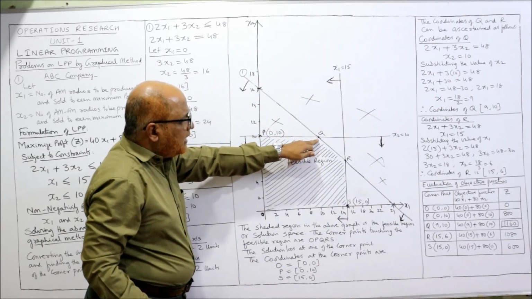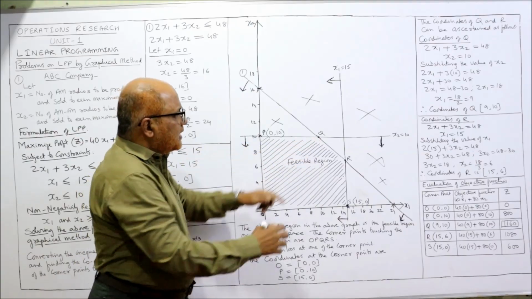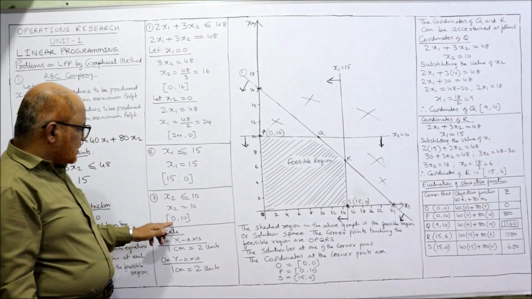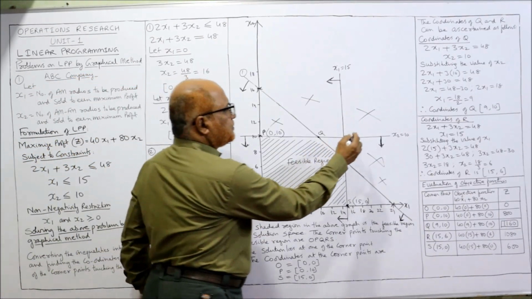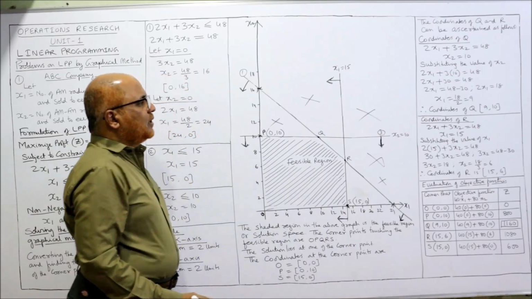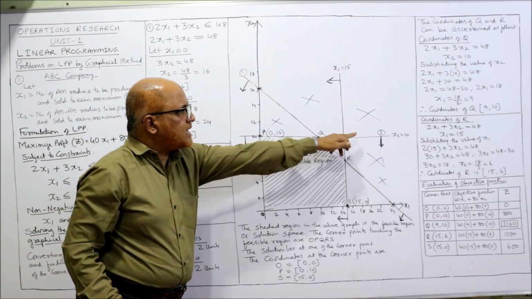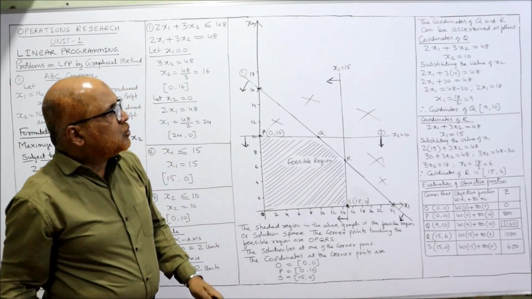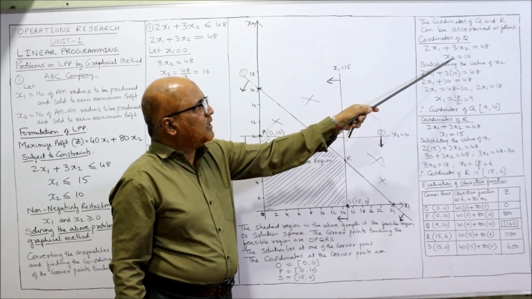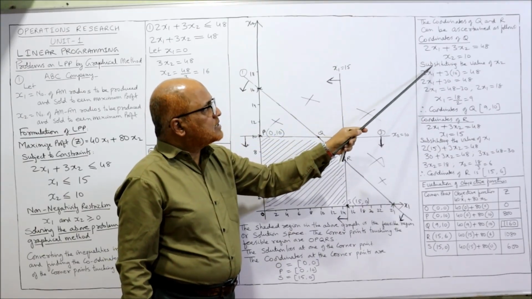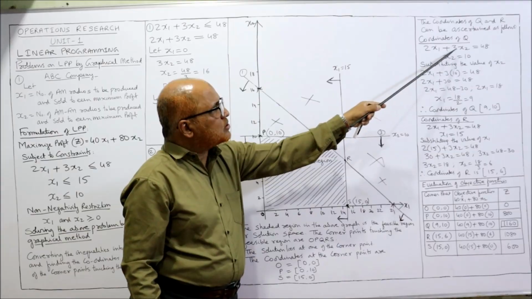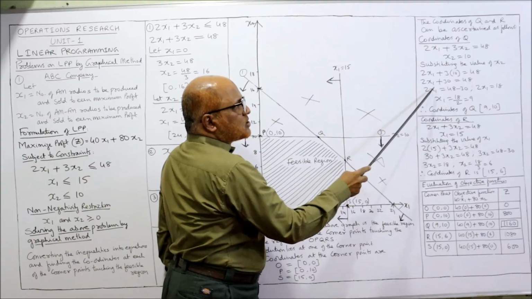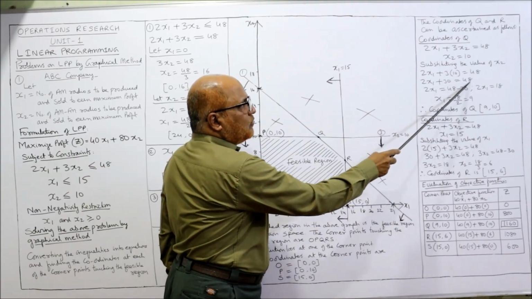What is the second line intersecting at Q? The second line intersecting at Q is x2 is equal to 10, the third constraint. So solving the first and second lines, we get the coordinates of Q. Substituting x2 as 10 in the first equation: 2x1 plus 3 into 10, which is 30, is equal to 48.